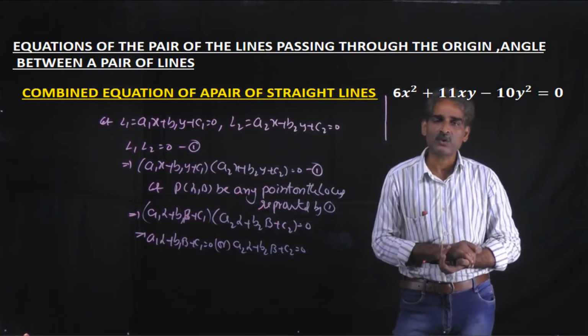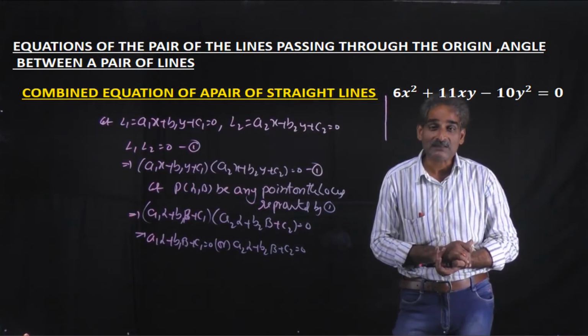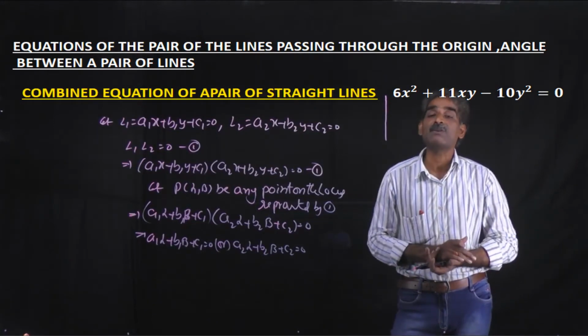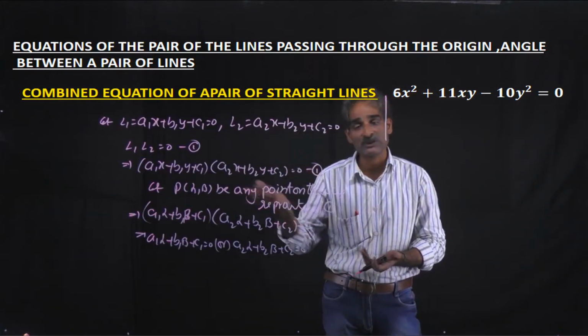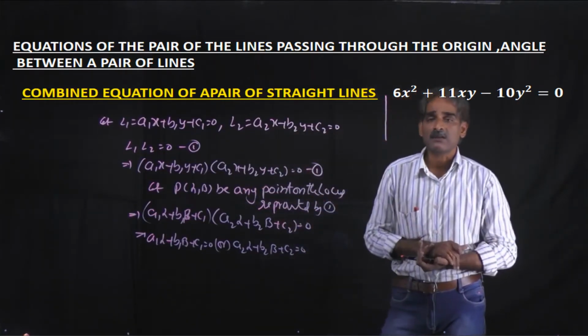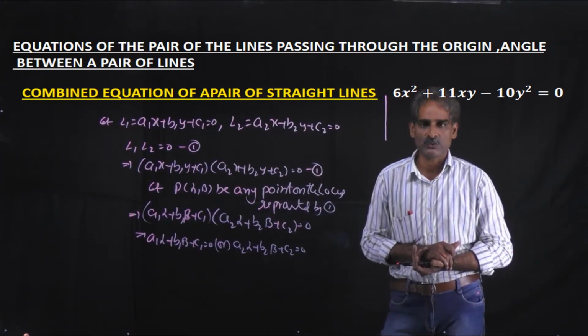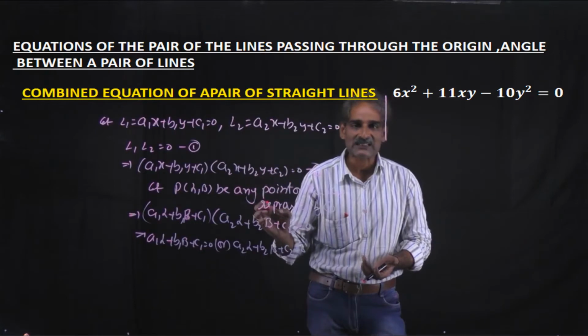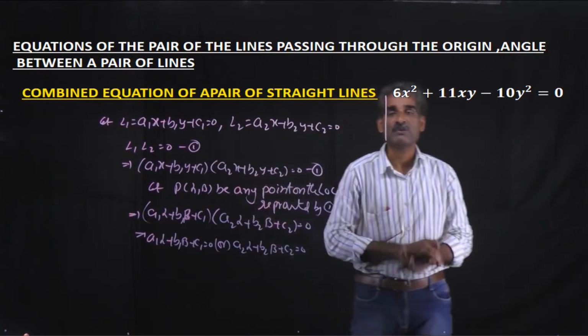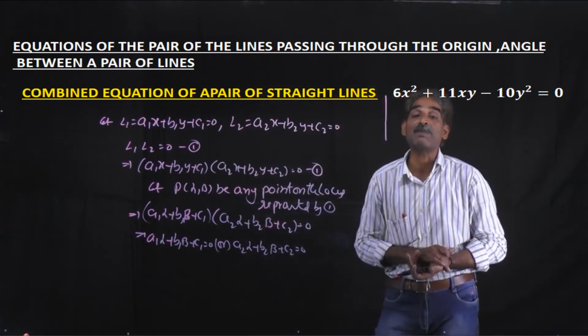L1 into L2 equal 0 represents the combined equation of L1 and L2. The product of two lines gives the combined equation of the lines, which is nothing but the pair of lines.